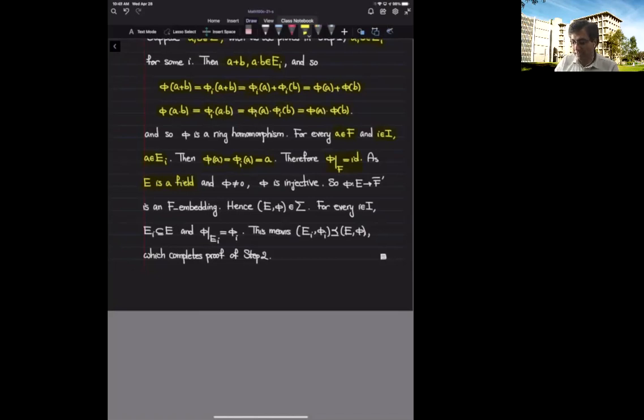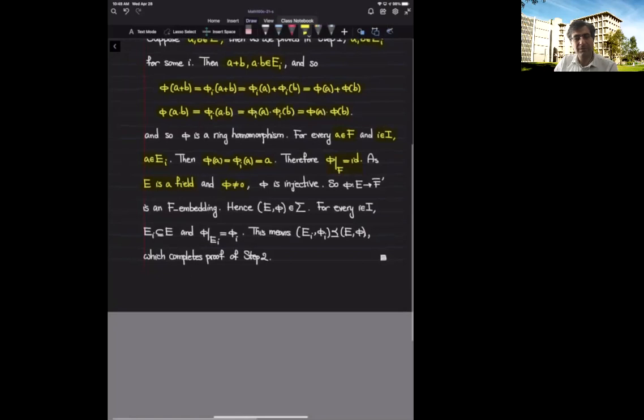And kernel of phi, because phi is not the zero map, is not the entire E, therefore it should be the zero ideal, which means phi is injective. So altogether, we end up showing that phi is indeed an F embedding from E to F bar prime.